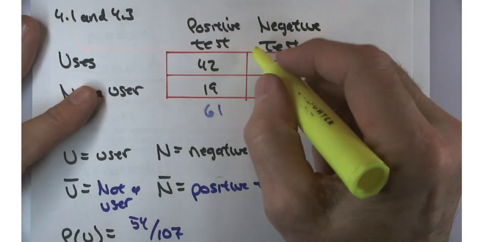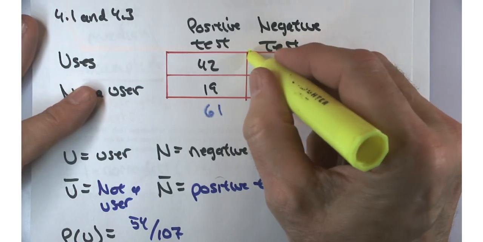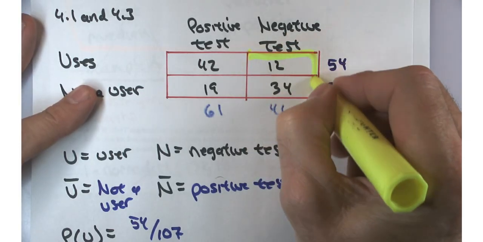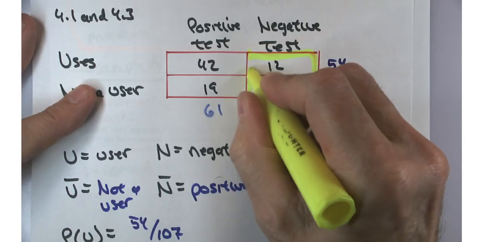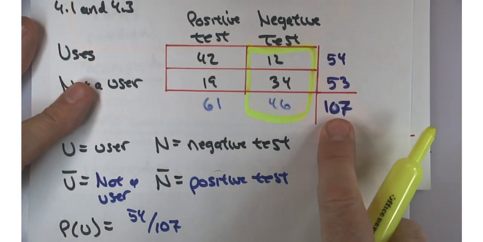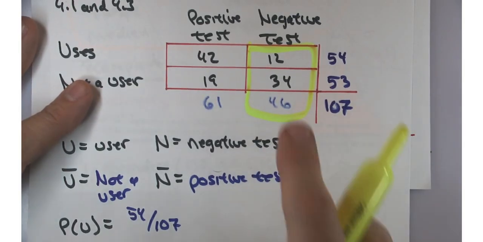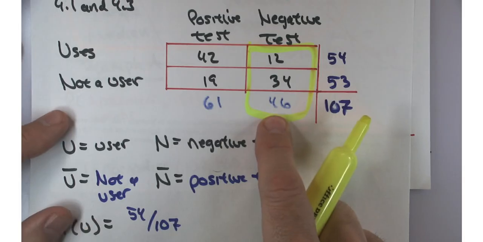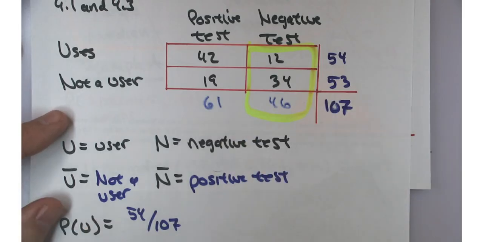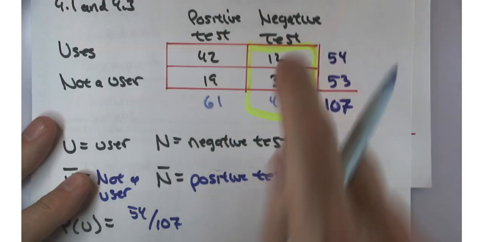So that's this part right here. Let's just circle this part. Our sample space has been reduced from this whole table down to this little bit. So instead of 107 people, now we've got 46 people in our sample space. Of those 46 people, how many of them use drugs? 12. And it doesn't have to be illicit drugs. It could be anything, it could be medication, etc. So this is nothing bad or condemning. So 12 out of 46.